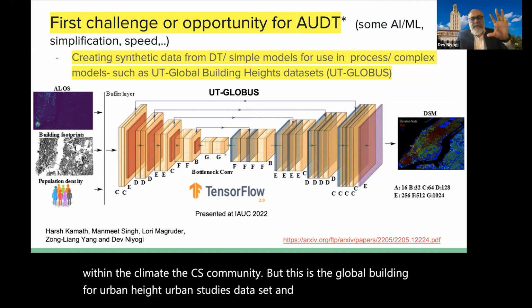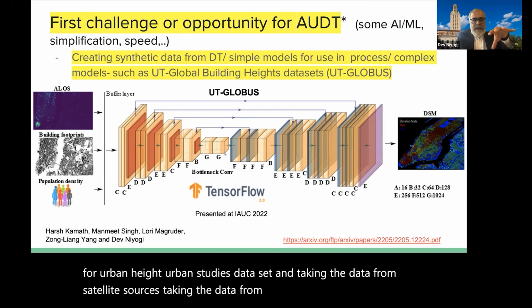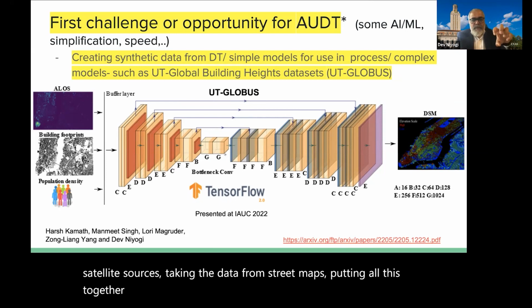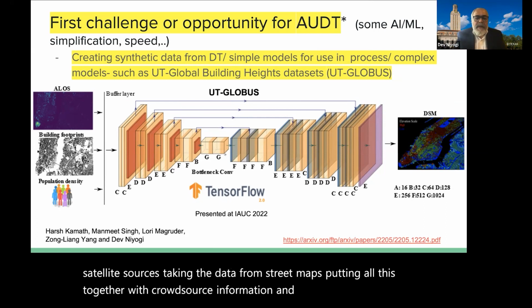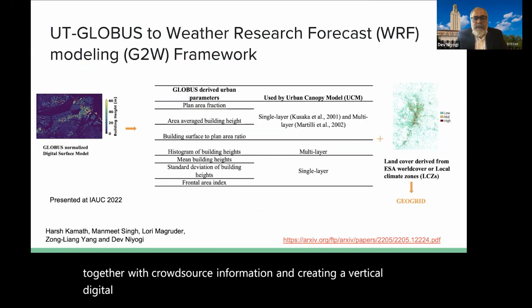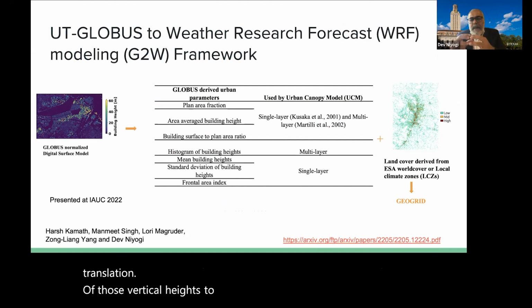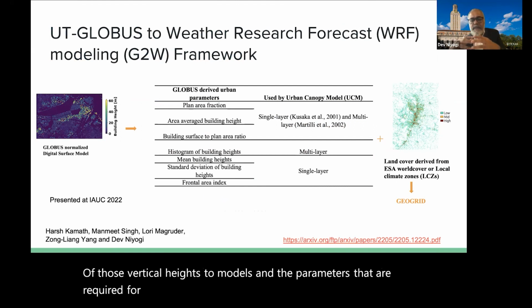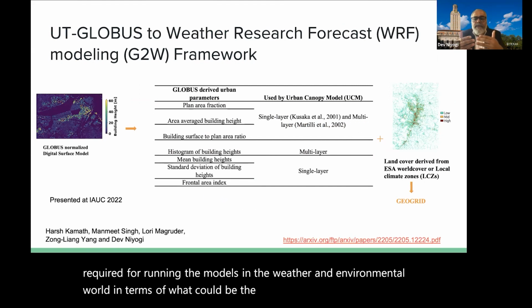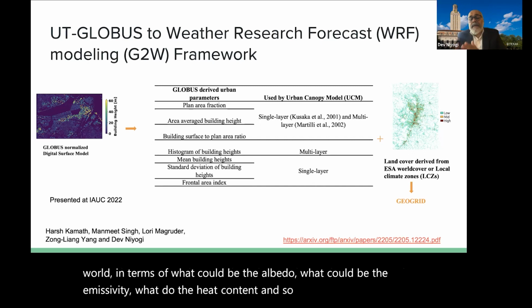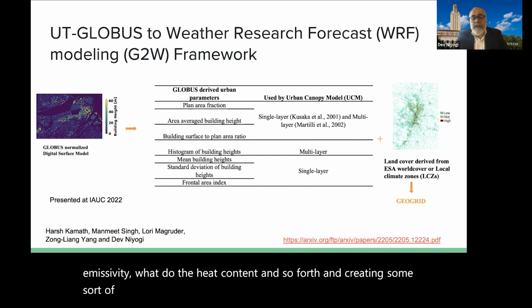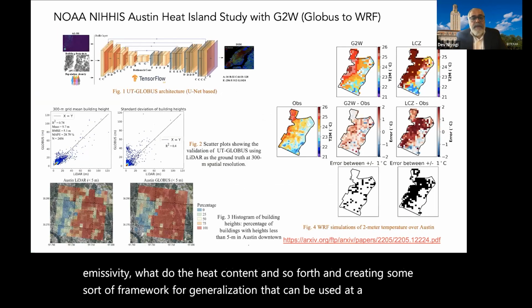We take data from satellite sources and street maps, put all this together with crowdsourced information, and create a vertical digital surface model that uses not only the vertical heights, but the translation of those heights into the parameters required for running models in the weather and environmental world, such as the albedo, the emissivity, the heat content, and so forth, creating a framework for generalization that can be used from city scale to global scale.